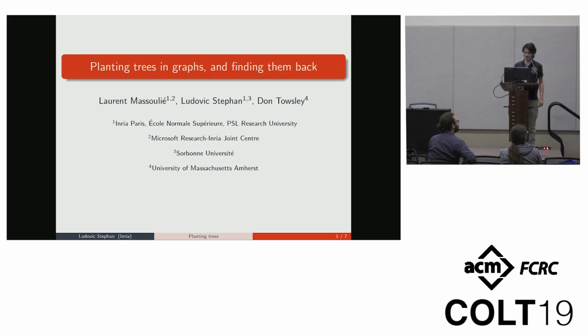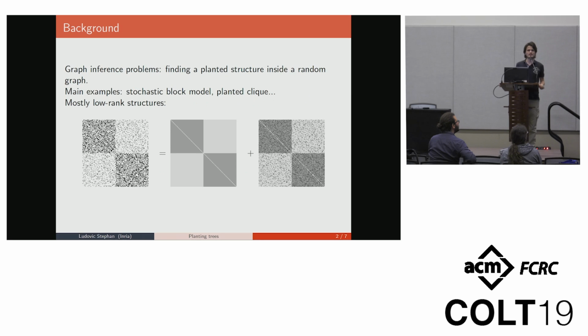Behind the esoteric title is simply a graph inference problem, which means that we're trying to find a planted structure inside some graphical data, usually a random graph. The main example, which you've probably heard about, is the planted clique, but there is also the stochastic block model or more exotic examples such as the planted Hamiltonian path.